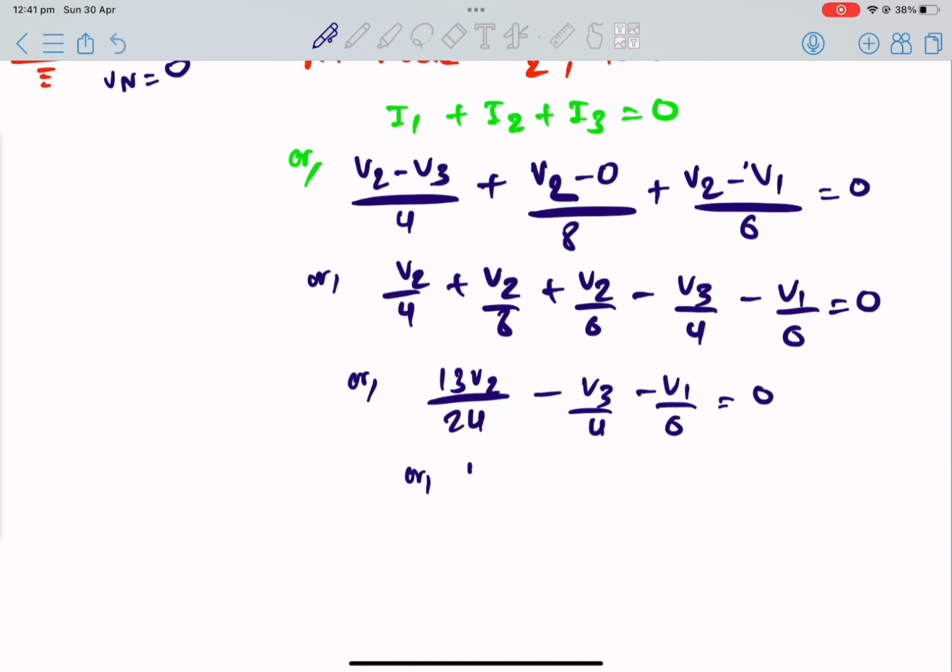So 13 V2 minus 6 V3 minus 4 V1 equals 0.